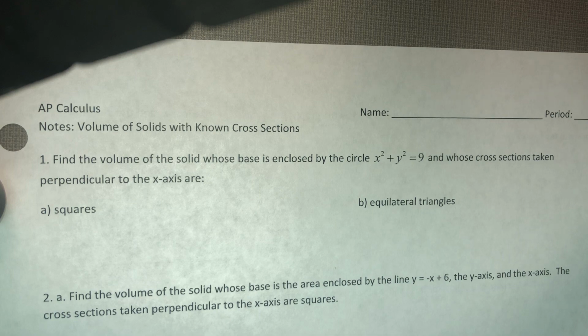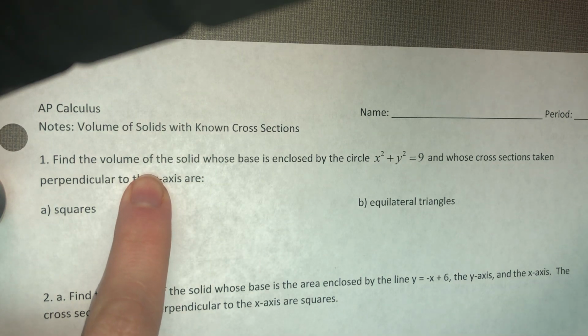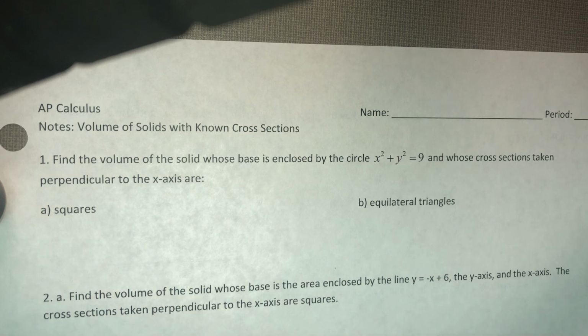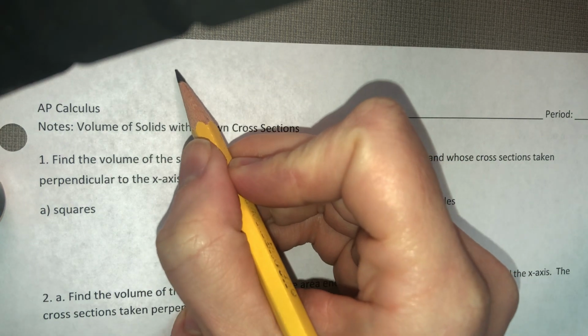So this might seem kind of strange to find a volume of this solid because you may have a difficult time picturing it, and that's okay because you don't actually have to be able to picture it to find the volume. We have a formula for the volume of a solid with a known cross-section, and this is one of your note cards.